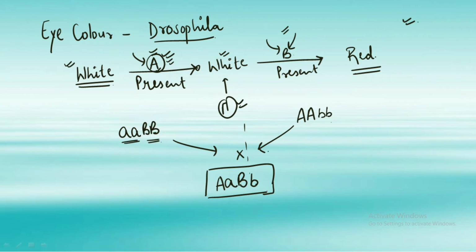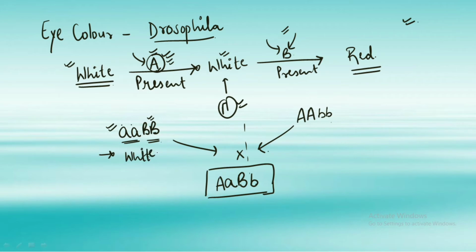So now let's understand what the difference in the phenotype is. In the first case, because A is absent but B is present, the final phenotype of this particular combination would be white itself. Why?